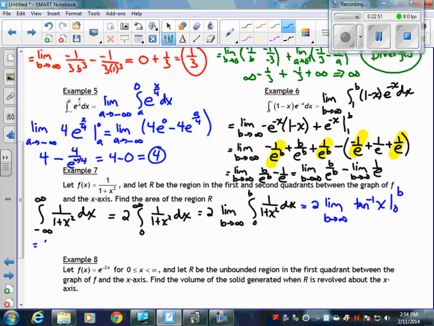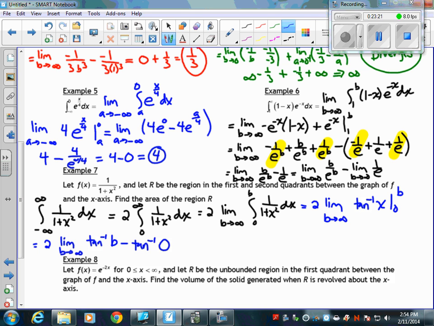So that is going to be 2 times my limit as b approaches infinity of tangent inverse b minus tangent inverse of 0. So what that's saying is, for the first term, tangent inverse of b, my angle is trying to approach infinity. Sorry, the tangent is trying to approach infinity. What is my angle trying to be?